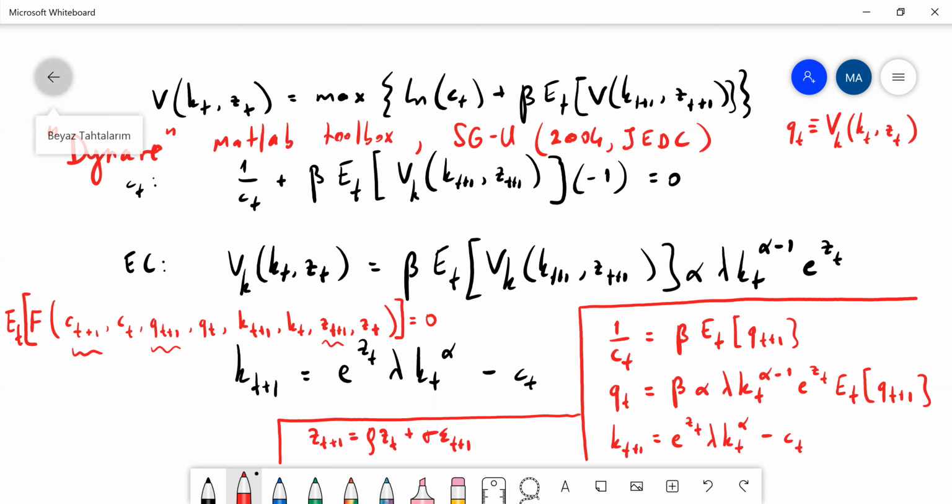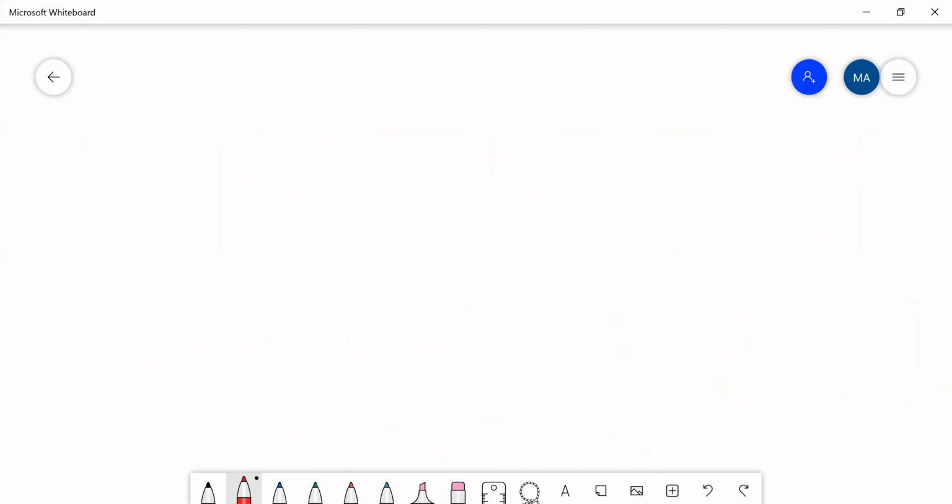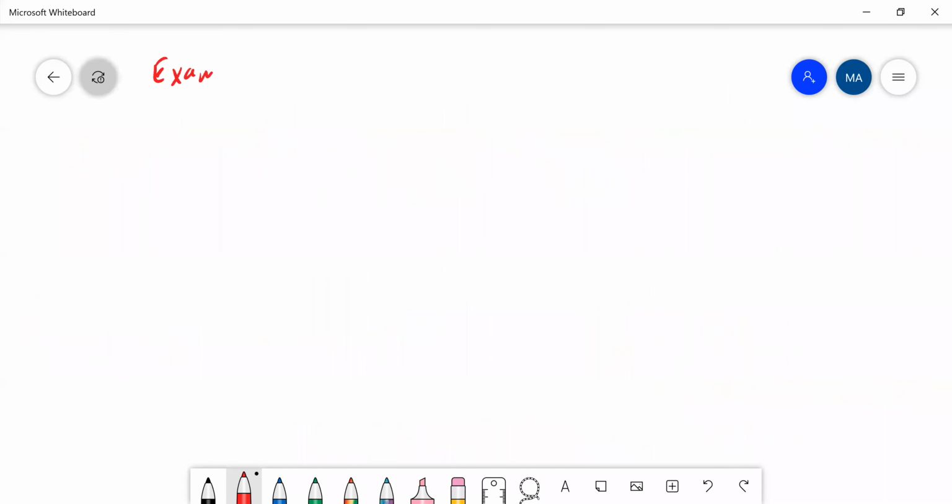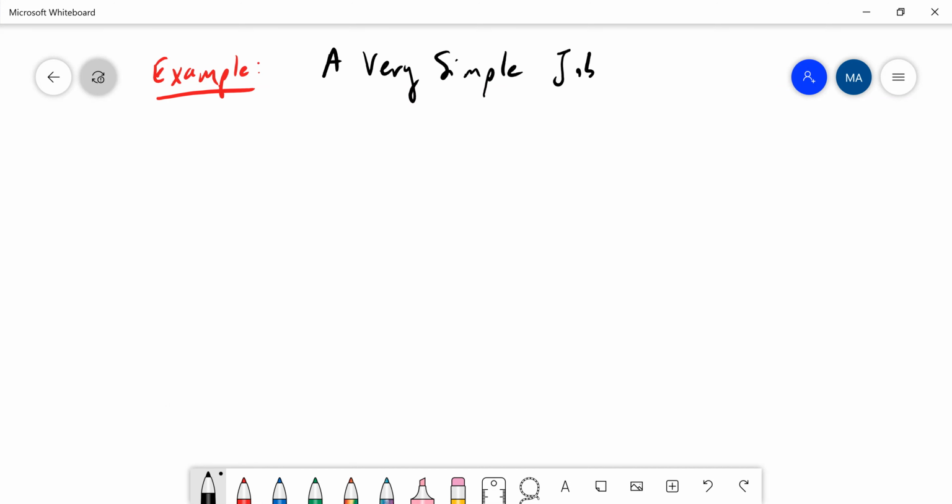Okay, now let's look at an example, which is a very simple job search model. Okay, so the idea is this. There's a worker.